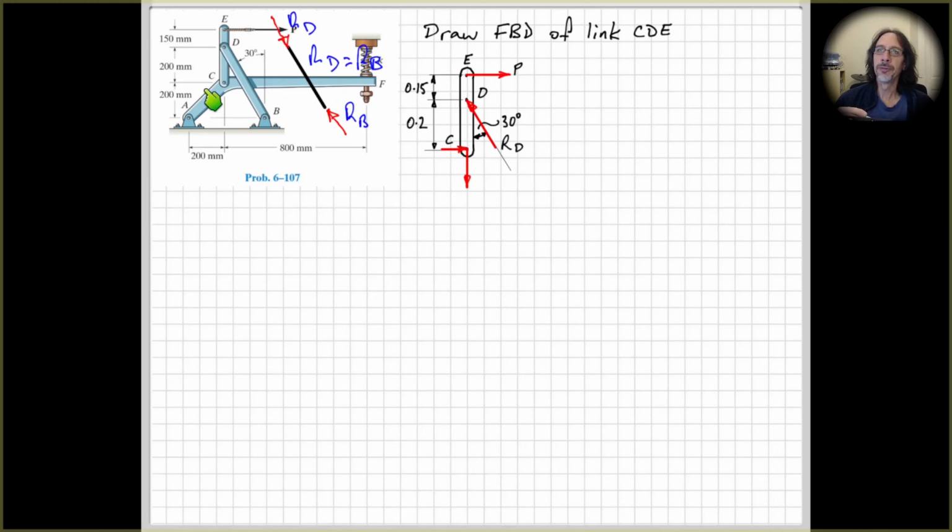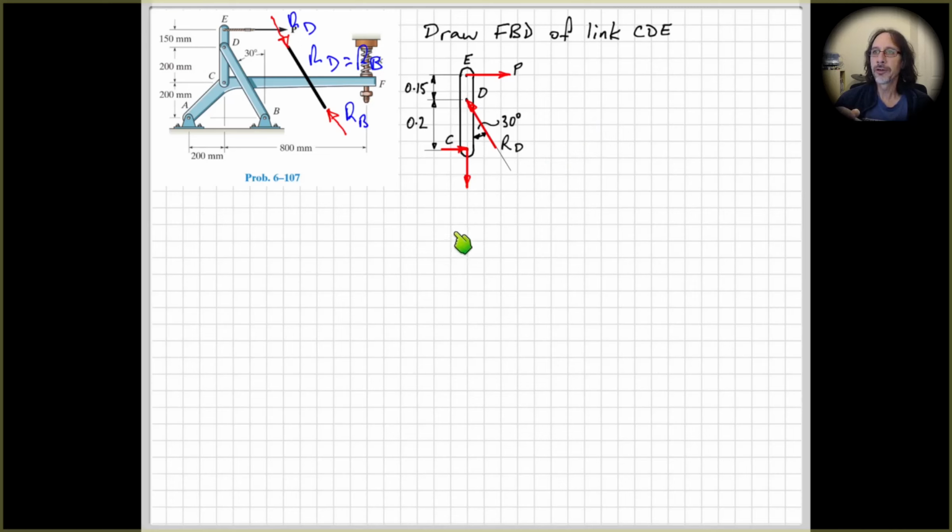And if you do get a negative answer, never ever go back and change the arrows on your free body diagram. That just leads to a mess. You've got to then go back and change all your equations, and it leads to more problems than it fixes. So just leave them as they are.